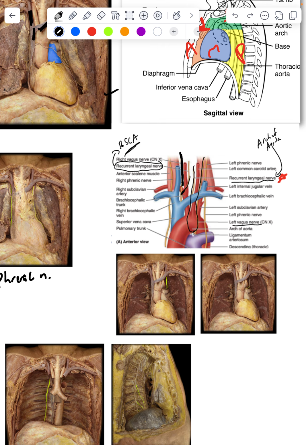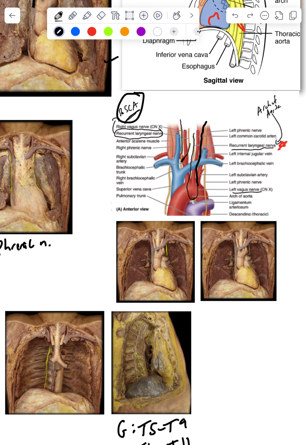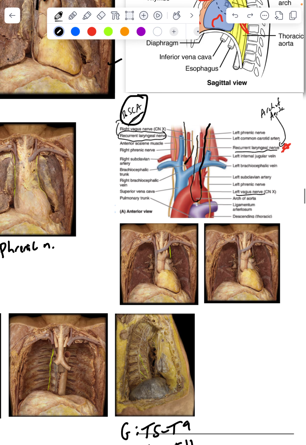So it gives it off around the right subclavian artery, which is different than the left. Your left vagus nerve comes all the way down, and then it gives off the left recurrent laryngeal around the arch of the aorta.